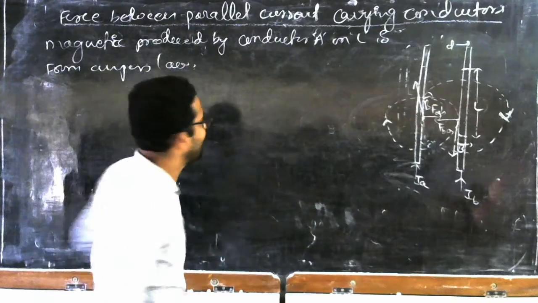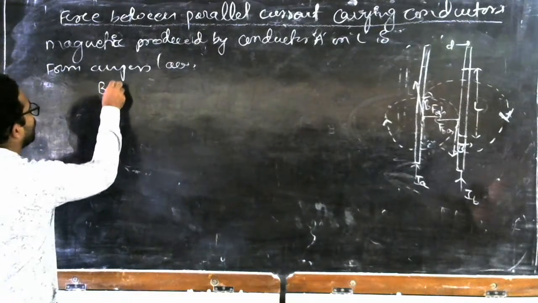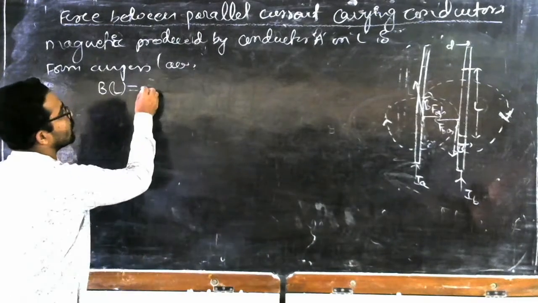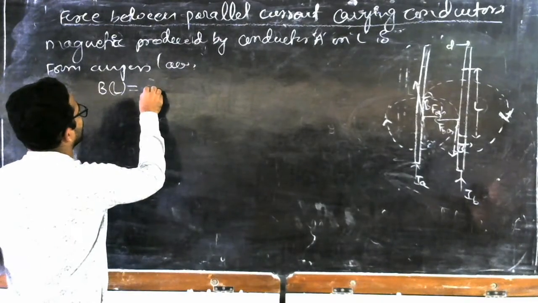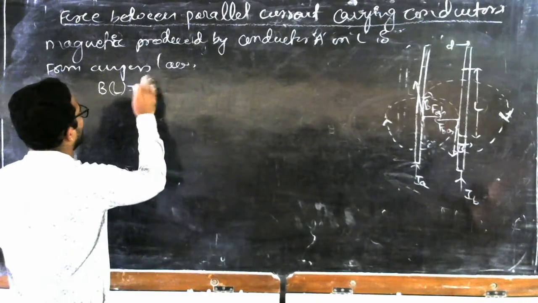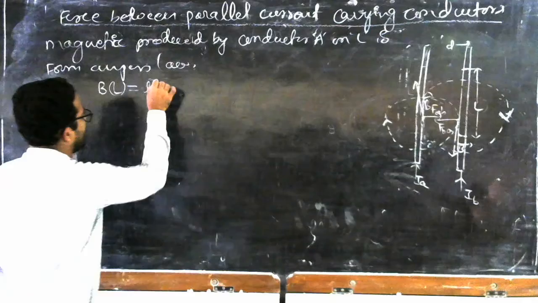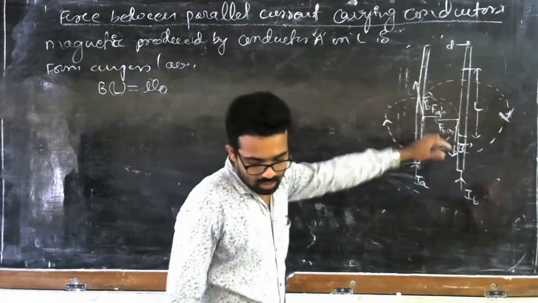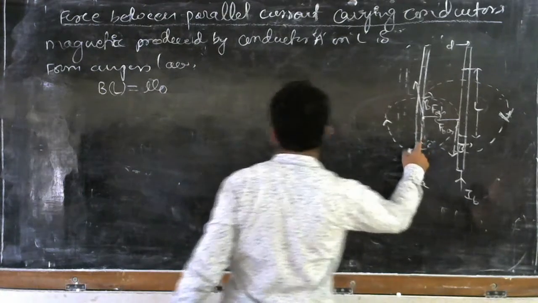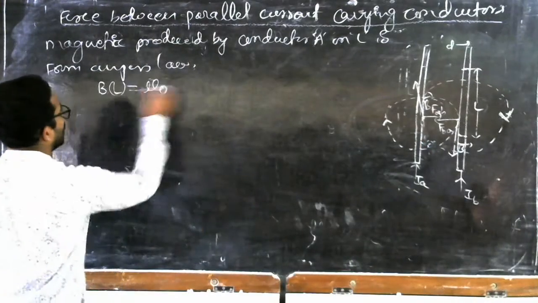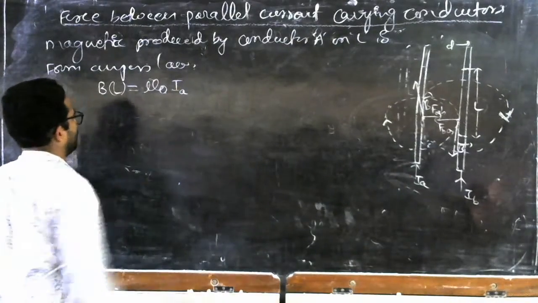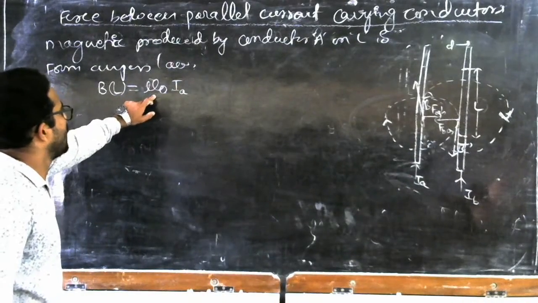That is L there. The integral of B dot dL is equal to mu naught times the current enclosed by that element, that is I_A. So B dot L is equal to mu naught times I_A.